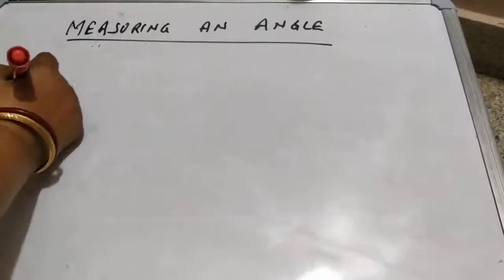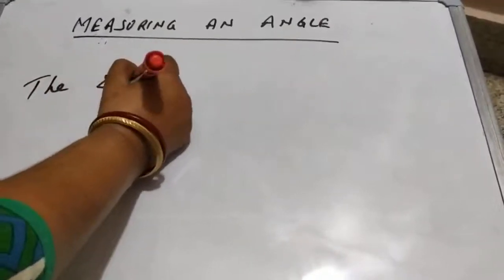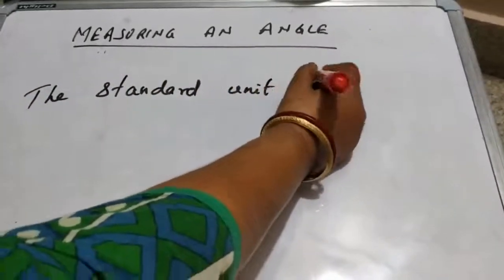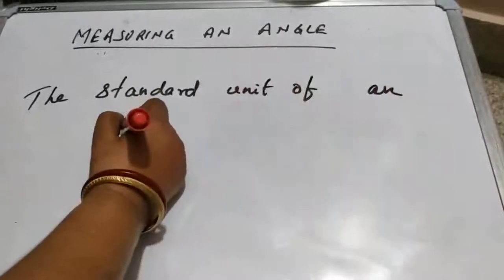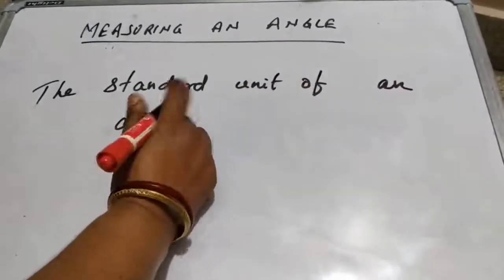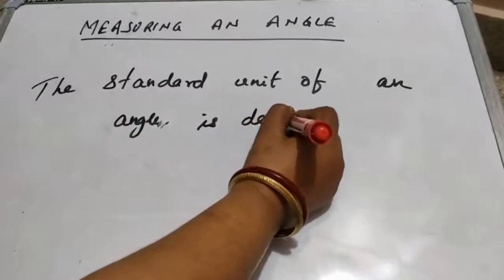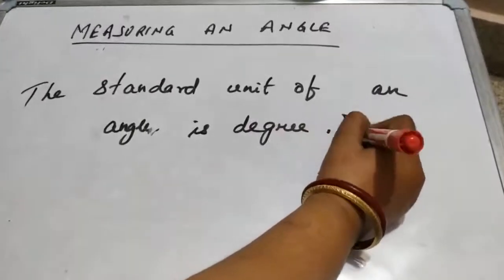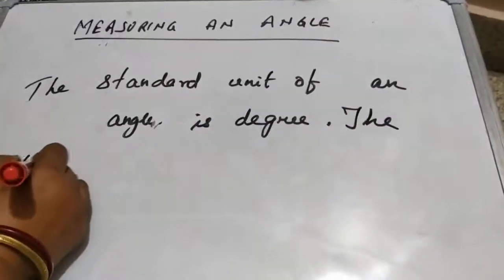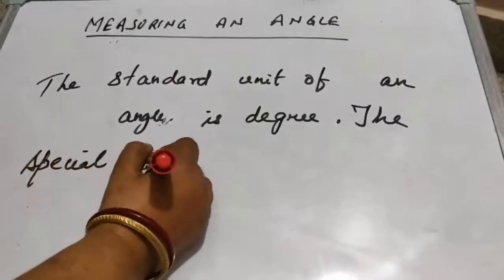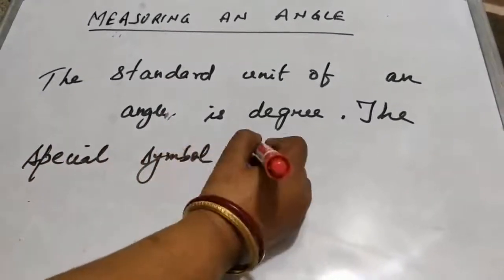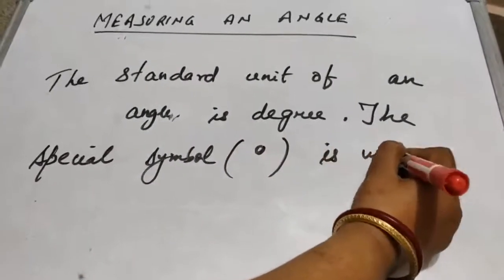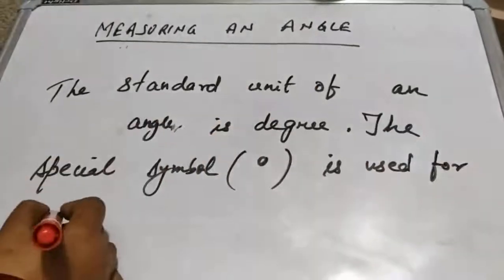Firstly, always keep in mind the standard unit of an angle is degree, and the special symbol this is used for degree.